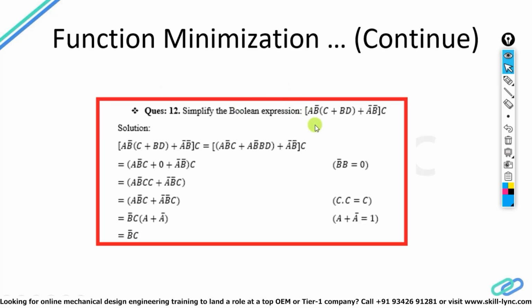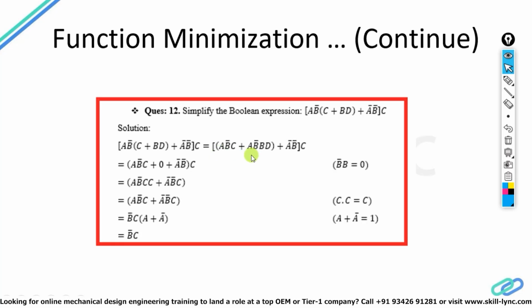It is: simplify a b bar c plus bd plus a bar b bar into c. Let's see how to solve it. First of all, because we have c plus bd in a bracket, we will open the bracket. So it becomes a b bar c plus a b bar bd plus a bar b bar into c.